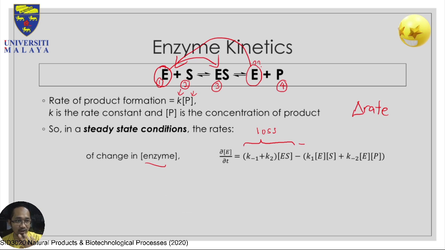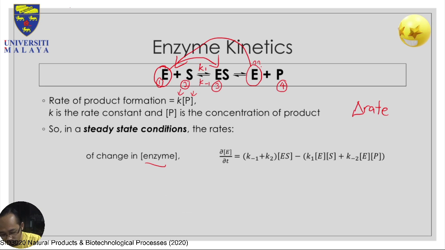Before that, I'm going to scrap that one. When you consider this, I'm not doing a rate of loss, so we'll just put it there as K1, the constant for the formation of ES, or vice versa if it moves in one direction. If it moves in the other direction, you consider it as K minus 1, because the rate is opposite and has its own value based on the concentration of ES.